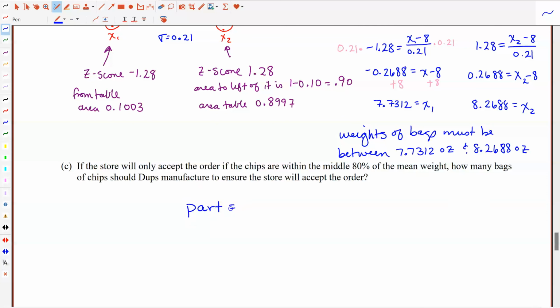So the percent equation is the part is equal to the percent times the whole. But when we use the percent equation, the percent has to be expressed in its decimal form. So we're looking to figure out what is the whole, or how many bags total must they make, such that when they keep 80% of those bags, the part that they have remaining in order to give to the people who are ordering the bags is 1,500 bags.